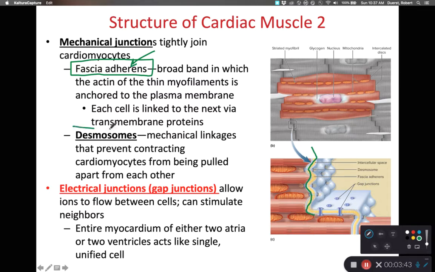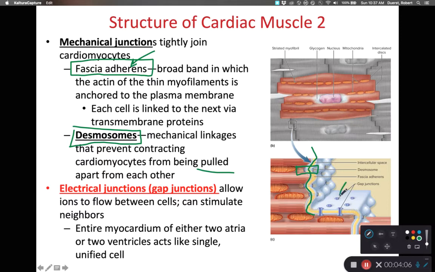And then we also are going to have desmosomes. These desmosomes, shown here, are going to allow for a flexible connection between the cardiomyocytes. And flexible connections generally are going to be more resilient than rigid connections. And these desmosomes do a great job of keeping the cardiomyocytes from being pulled apart.